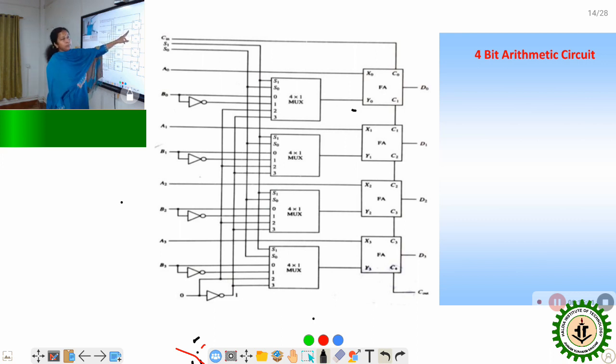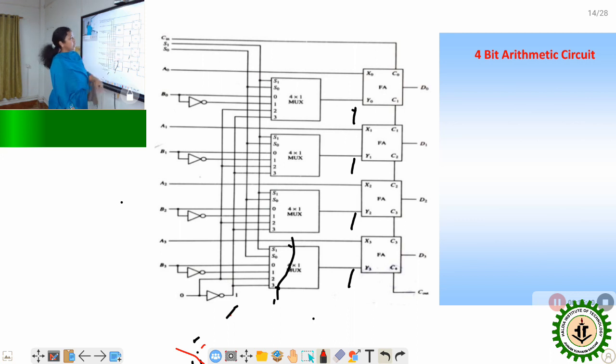Here logic 1 will be applied, Y1 logic 1 will be applied, Y2 also logic 1, and Y3 also logic 1 will be applied here. Now in every full adder, from X0 it gets the values A0, A1, A2, A3, but from the Y0, Y1, Y2, Y3 inputs, it will get the value logic 1, 1, 1, 1. Now here the decrement operation is possible.